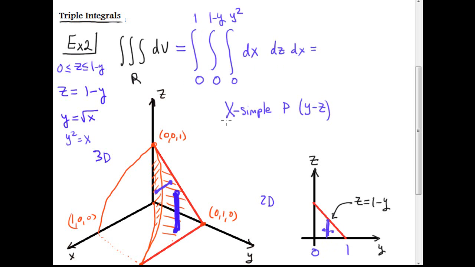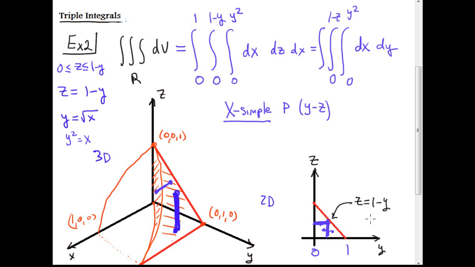Another possibility using x simple is the triple integral from 0 to y squared dx. But you make a decision to integrate in this direction. In this direction is y. So dy here, and y varies from 0 to 1 minus z.